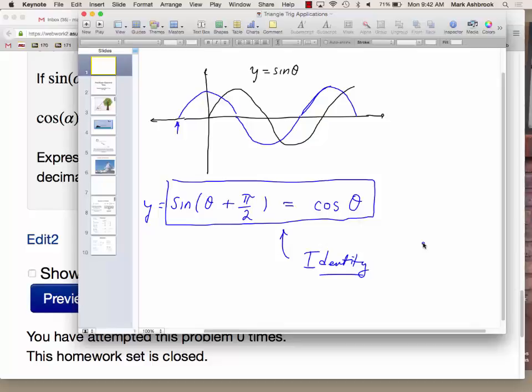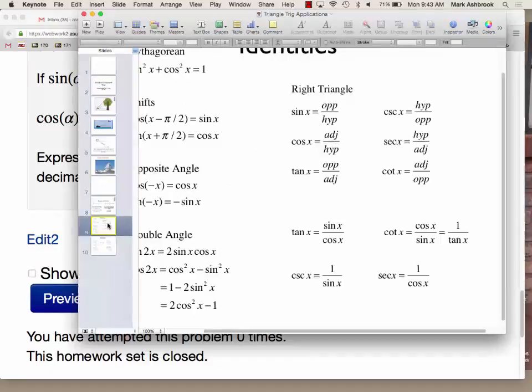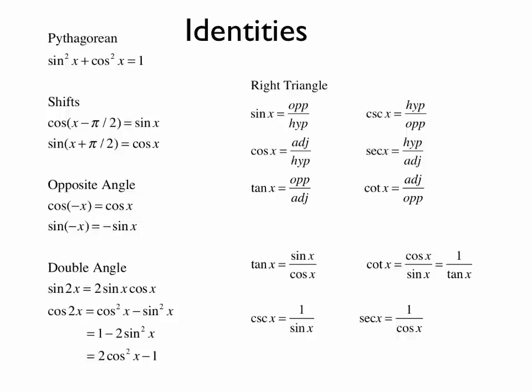So these kinds of relationships are prevalent with sine and cosine and trigonometry. We get lots and lots of these. Here are the most common ones. All right, so you're not going to have time to write them down. We've seen some of these already.